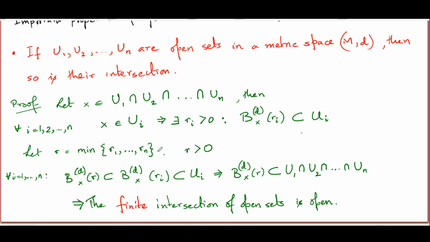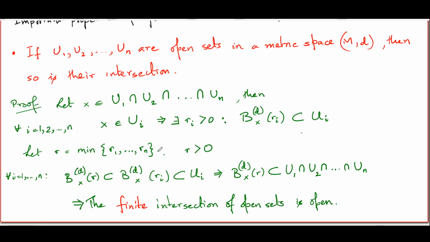And the infimum of an infinite bunch of positive numbers can very well be non-positive. To see an example, just look at the numbers 1, half, 1/3, 1/4, 1/5 and so on. 0 is not a number in this set, but 0 is definitely the infimum of this set. This set has no minimum, it does have an infimum, but it's not positive.